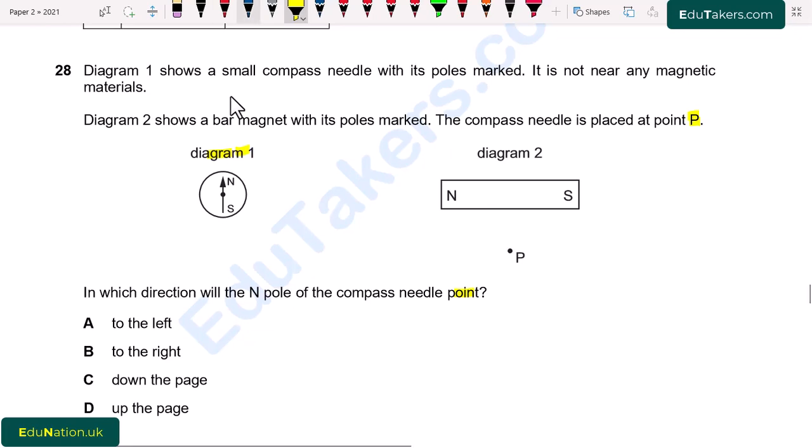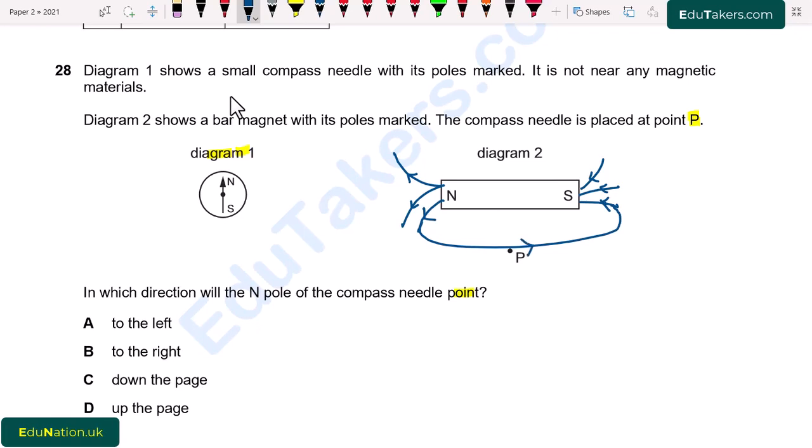I am going to draw them here like that. These emerge from the north and enter in the south. So this is a complete magnetic line and this direction will be like this.